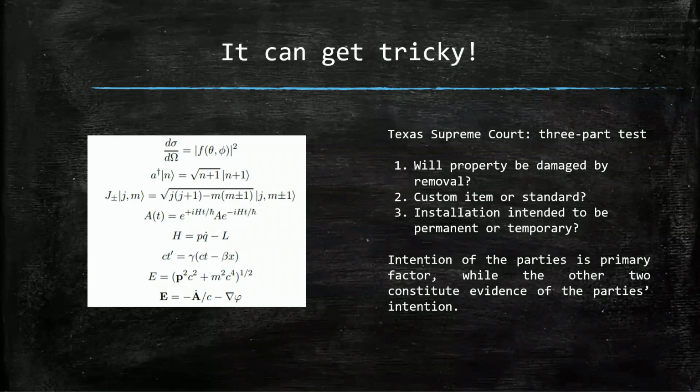Was this installation intended to be permanent, or was it intended to be temporary? The court tells us that the intention of the parties is the primary factor in deciding if it's a fixture. The other 2 things are evidence of the party's intention, whether the property is going to be damaged or if the item was custom or a standard item.